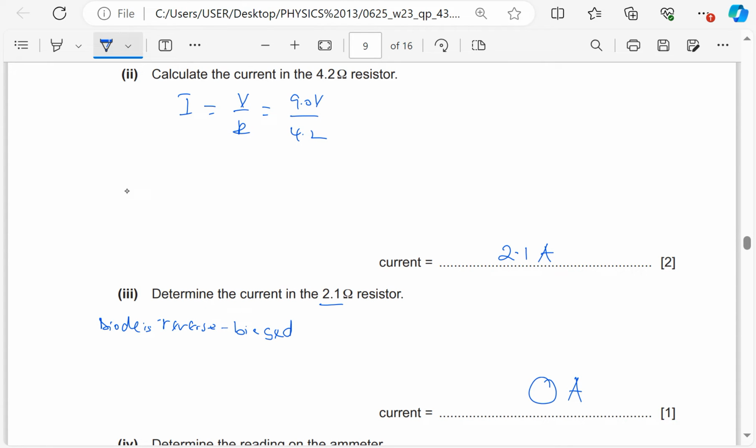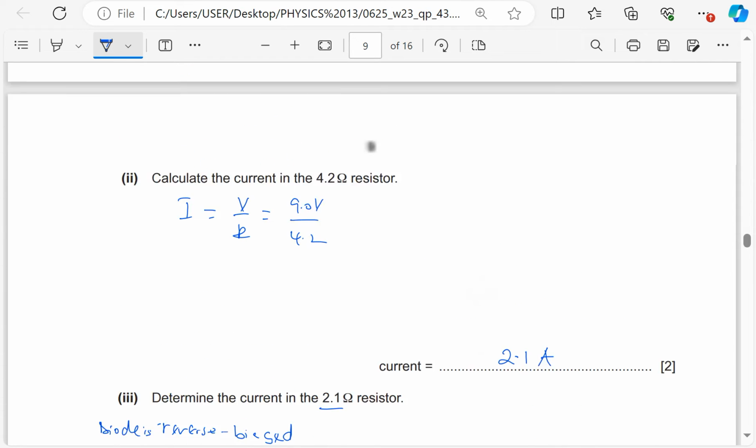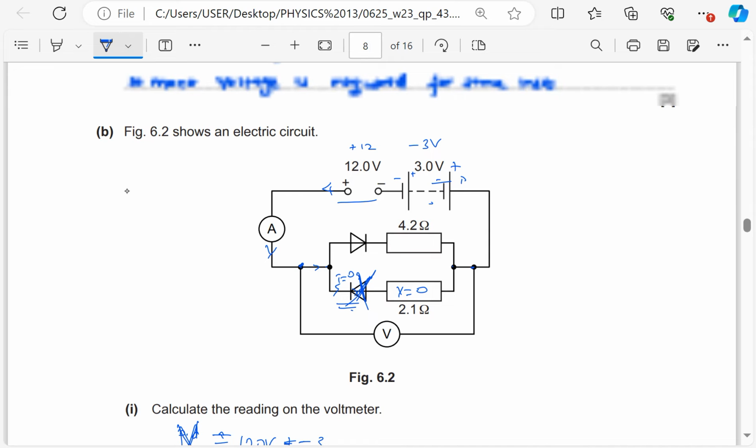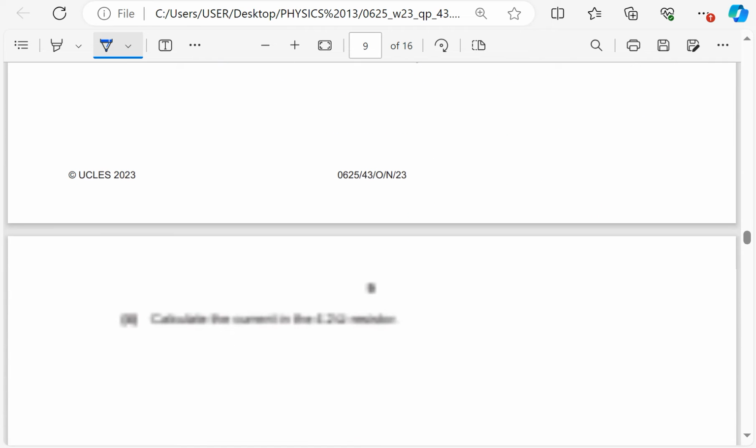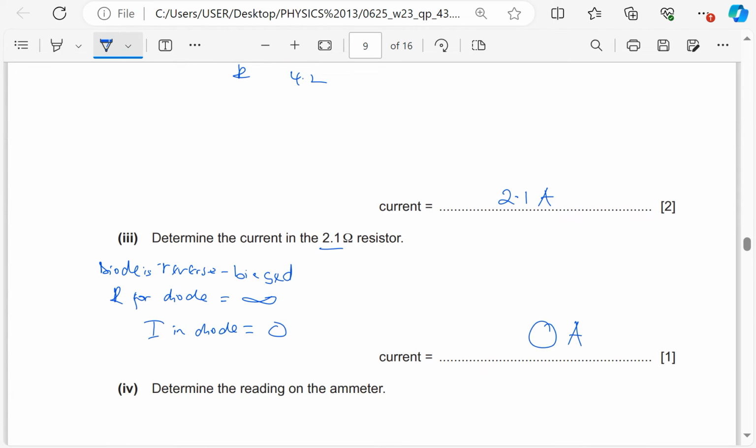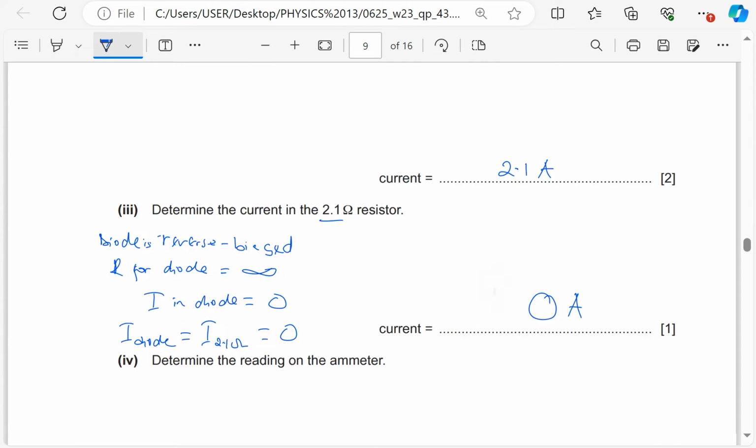So the resistance of the diode is infinity, which means the current in the diode equals 0. Since there is no current going through this diode, there is no current through the resistor of 2.0 ohms. So the current in the 2.0 ohms is going to be 0. Remember, the current in the diode is the same as the current in the 2.0 ohm resistor. So since it is 0, this is going to be 0.